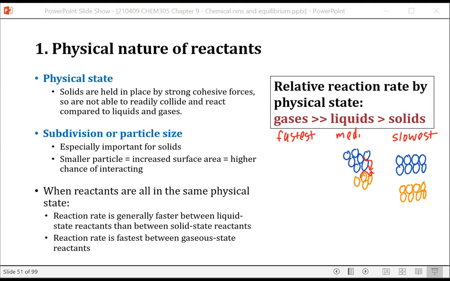The other factor relating to the physical state that will influence the reaction rate is the subdivision or the particle size. This is especially important for solids because the smaller the particle size, the more surface area you have. And the more surface area you have, the higher the chance of particles interacting and colliding in the right orientation.